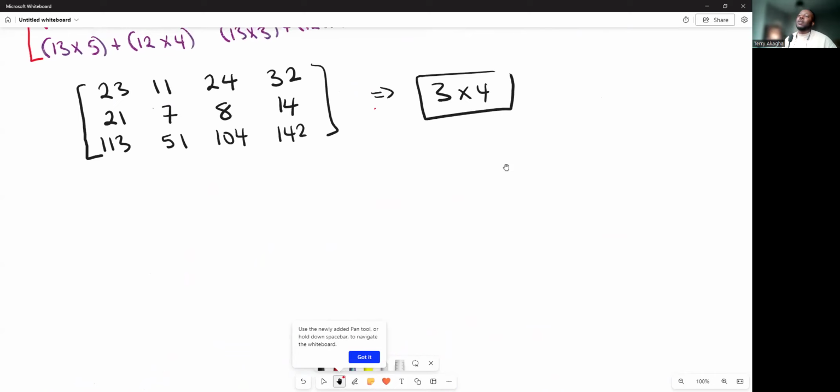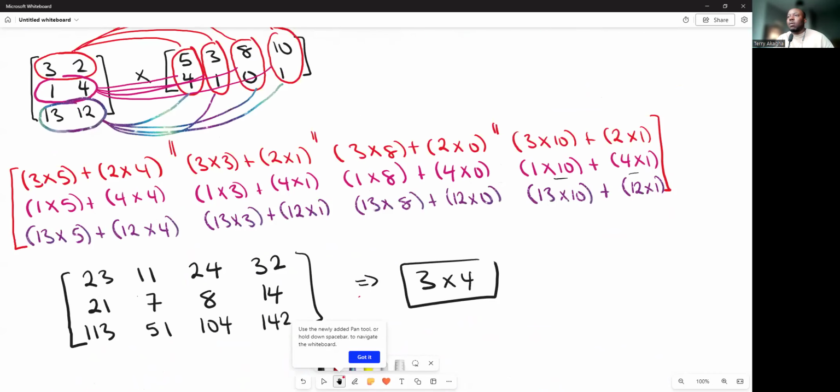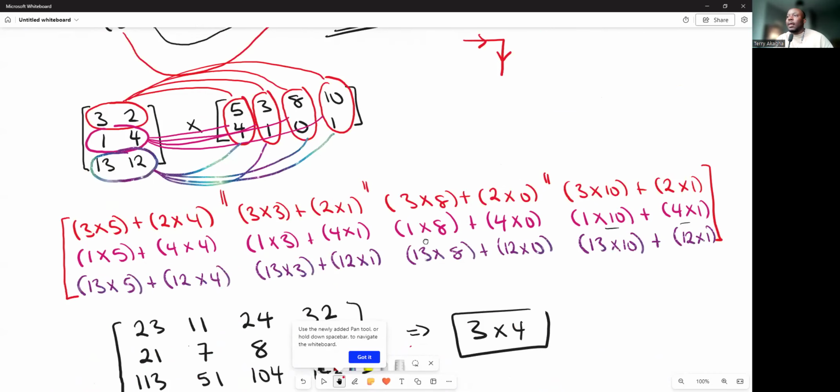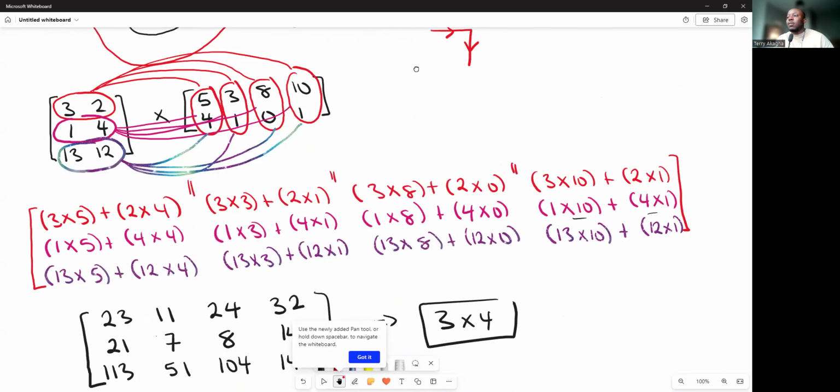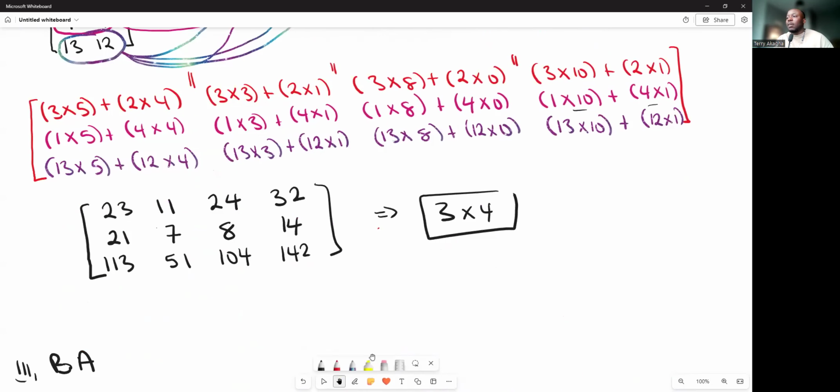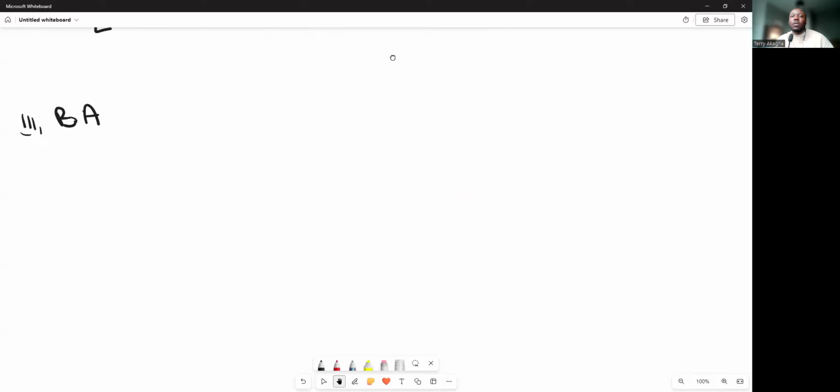Are you seeing it? So now number 2, we're told now to find BA. So now we're gonna do BA. That means B times A. So in this case, B is the first matrix, while A is the second matrix.